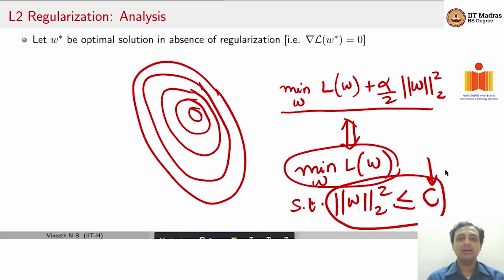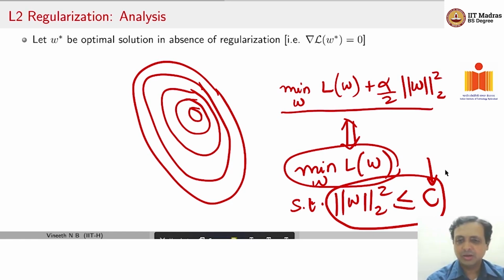A unit norm ball is when the 2 norm of the weights lies within 1, or all the weights lie within a norm of 1 around the origin. Now it's a C norm ball. It has a measure C, which the norm should be less than.